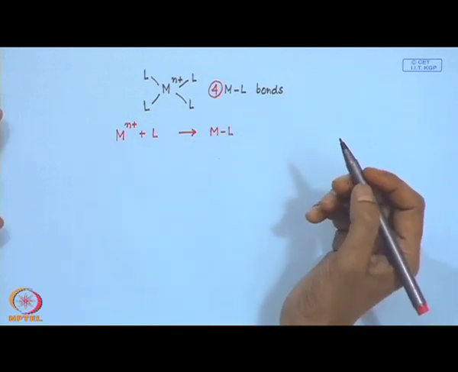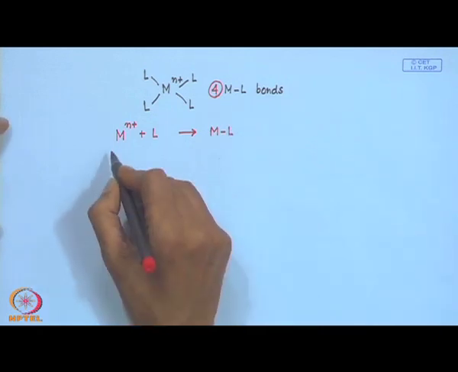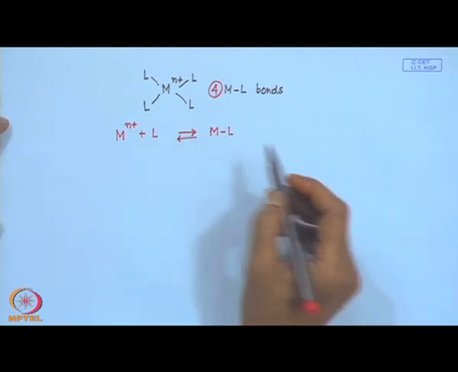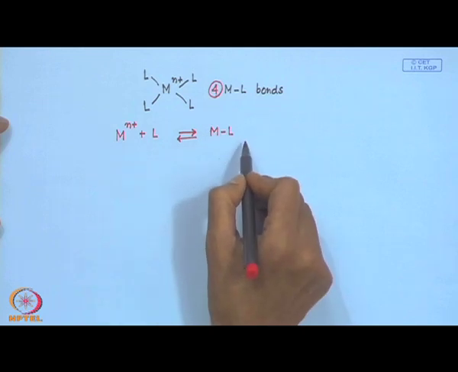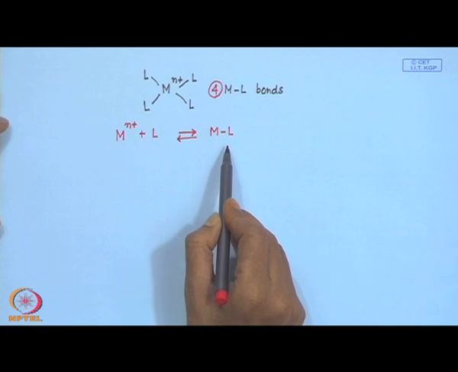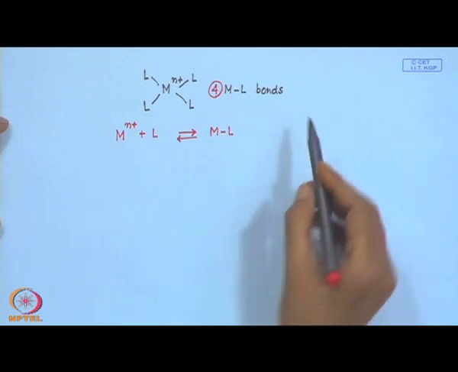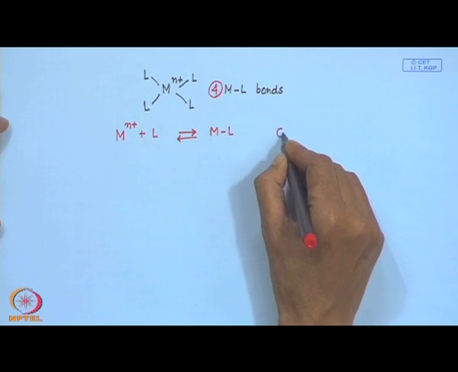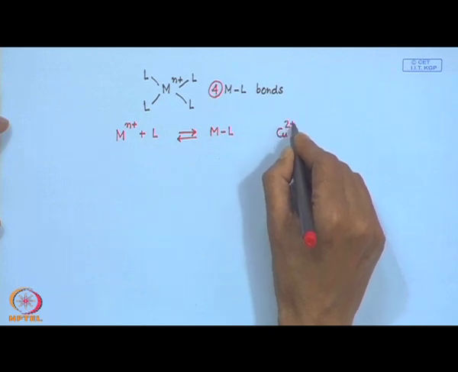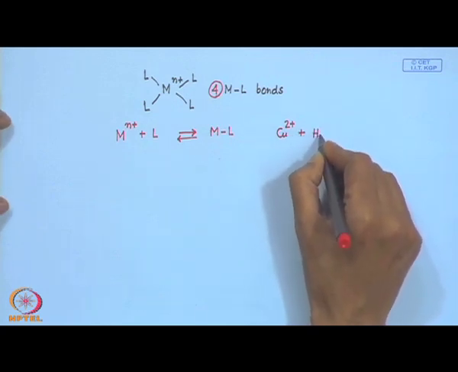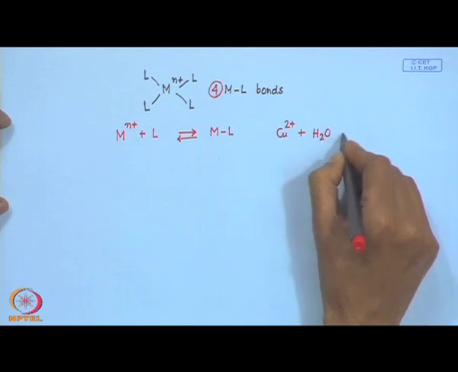and if this particular process is reversible in nature, that means all these together, that means formation of one coordinate bond, we are all the time considering it as a coordinate bond, such that if we have copper 2 plus, the bivalent copper ion present in the solution, which is dissolved in water.